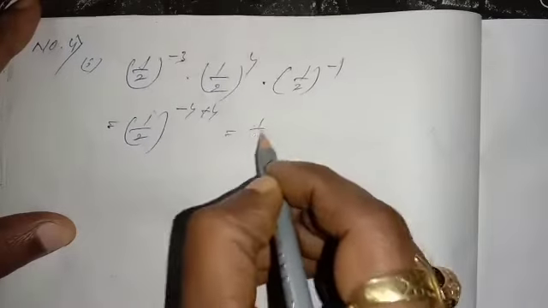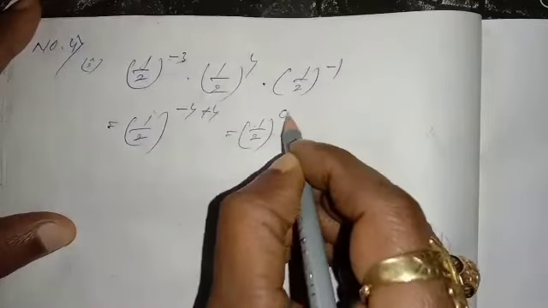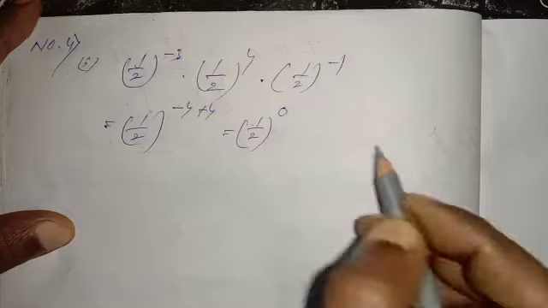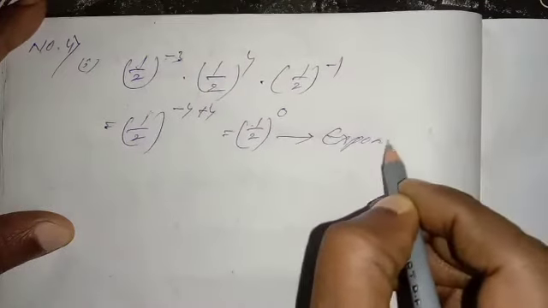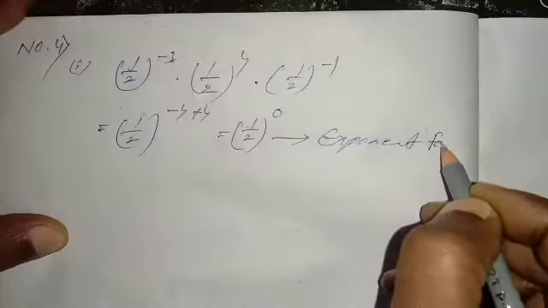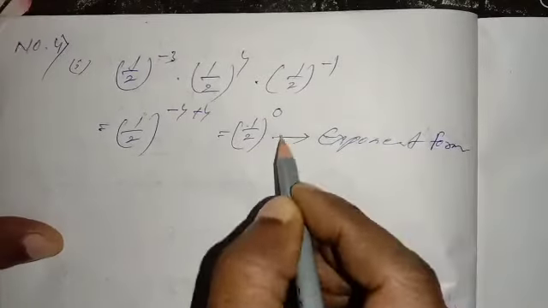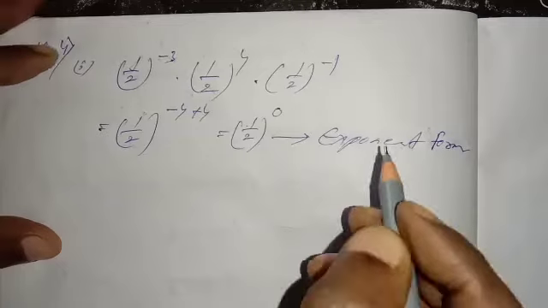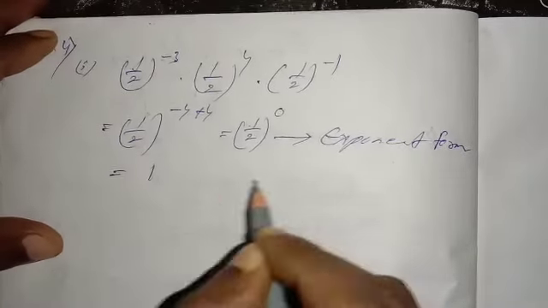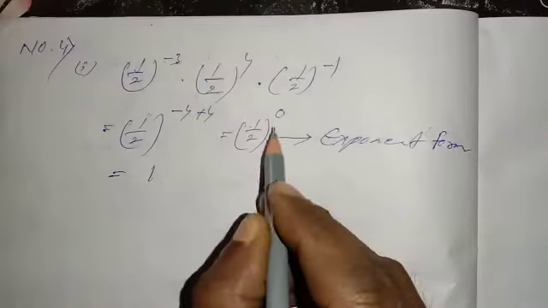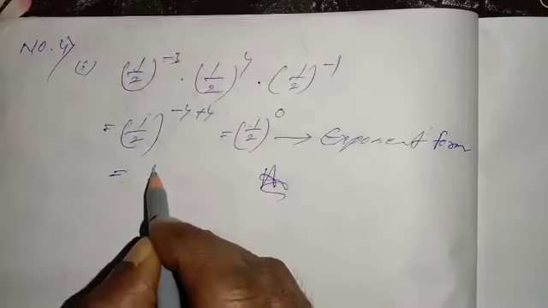How much are you getting? (1/2)^0. The base is 1/2 and the power is 0. Anything to the power 0 means the answer is 1 actually. You have to write 1. The final answer is 1.